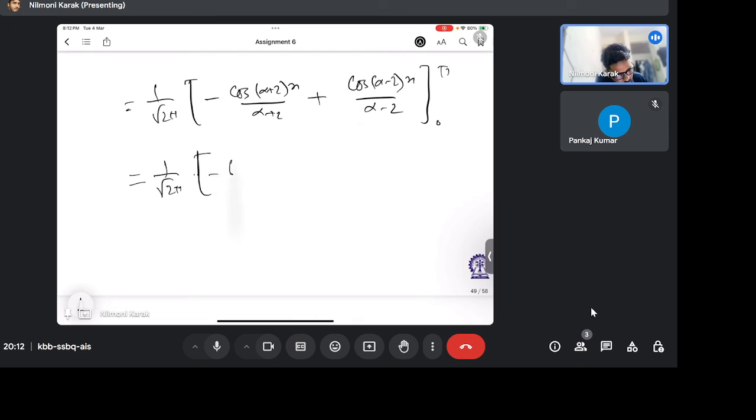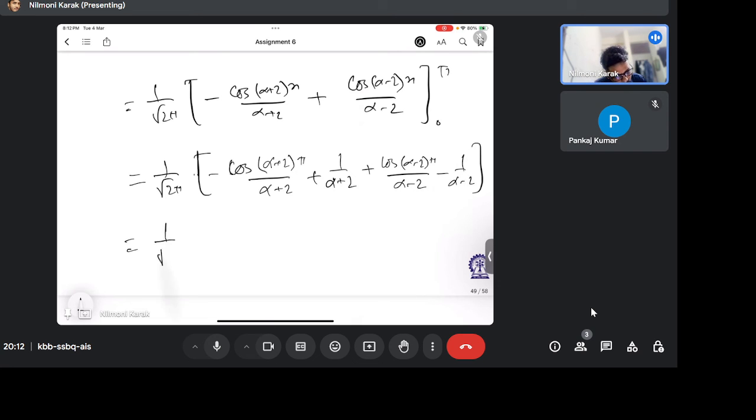Put the limits: minus cos(alpha + 2)pi by alpha + 2 plus 1 by alpha + 2, plus cos(alpha - 2)pi divided by alpha - 2 minus 1 by alpha - 2. Of course 2 pi is a period, so basically this is cos alpha pi over alpha + 2, and also cos alpha pi over alpha - 2, with alpha squared minus 4.